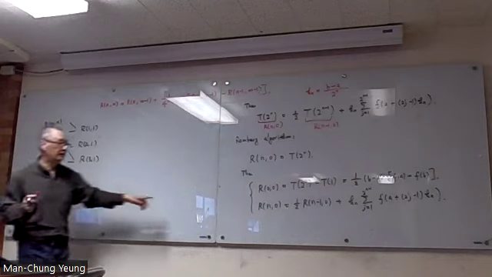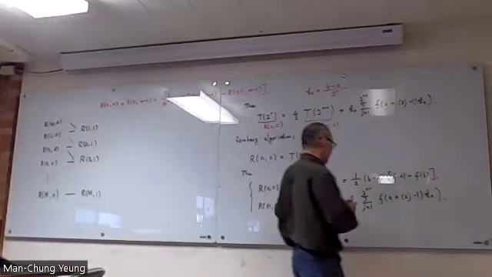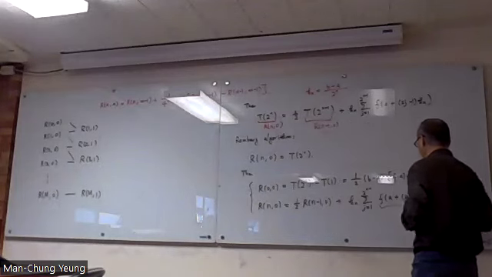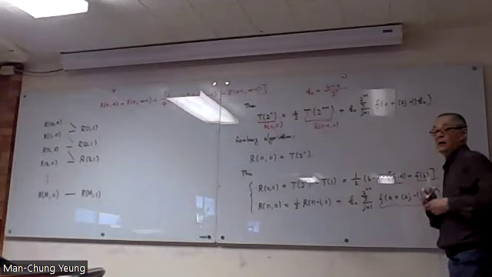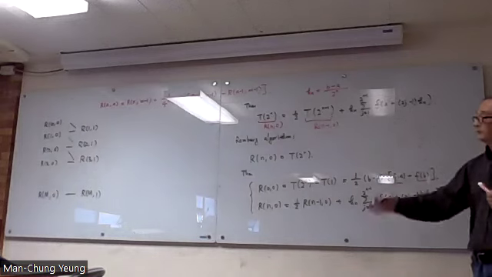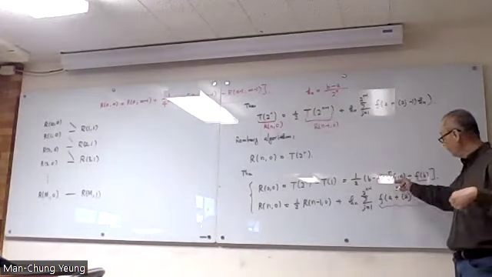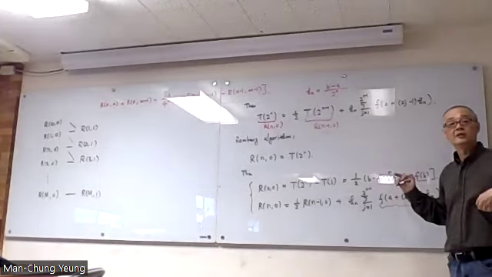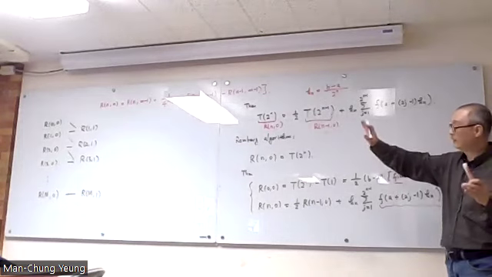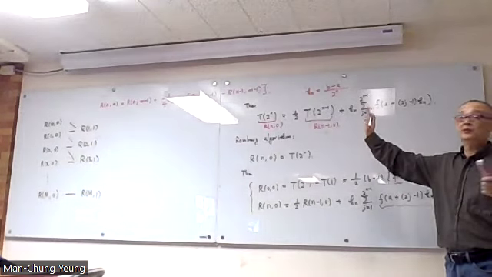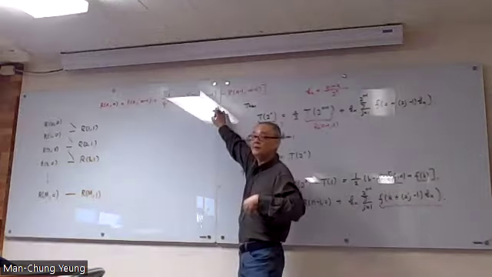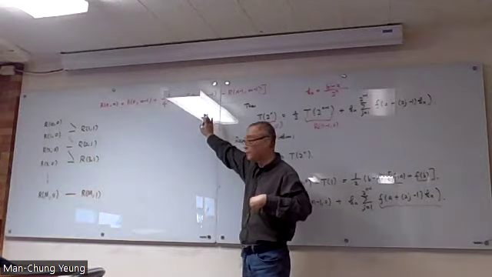In the first column, you need to compute function values. After the first column, there are no function evaluations, because this formula doesn't involve any function evaluation.